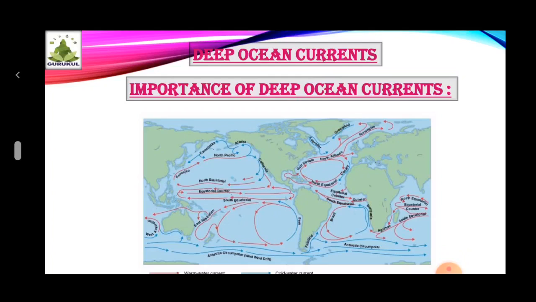These water currents beyond the depth of 500 meters are known as deep water or ocean currents. These currents are formed due to the differences in temperature and density of the water in different parts of the ocean. This is known as the thermohaline circulation.